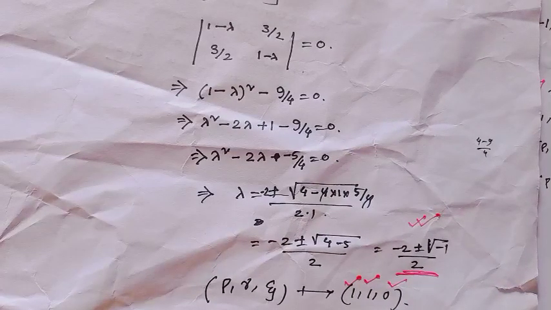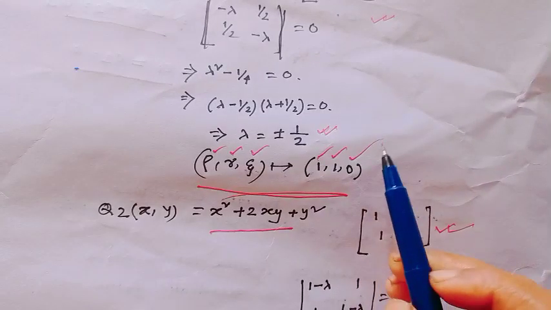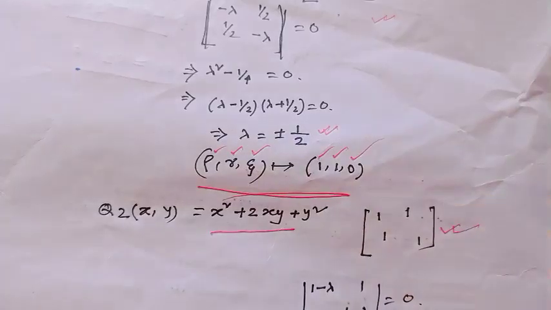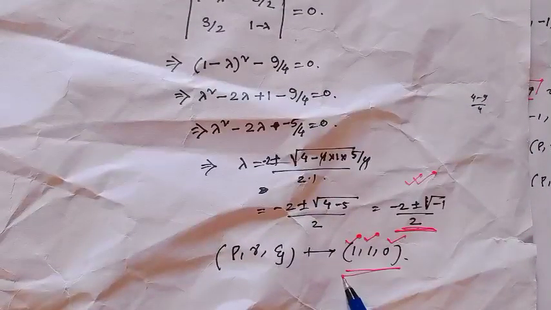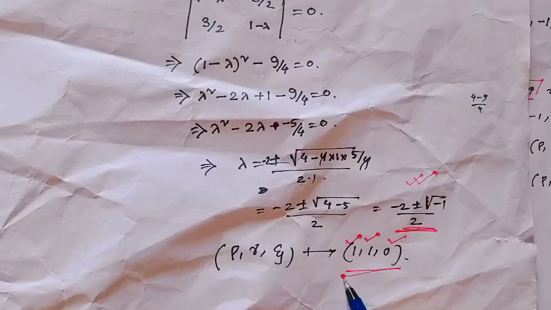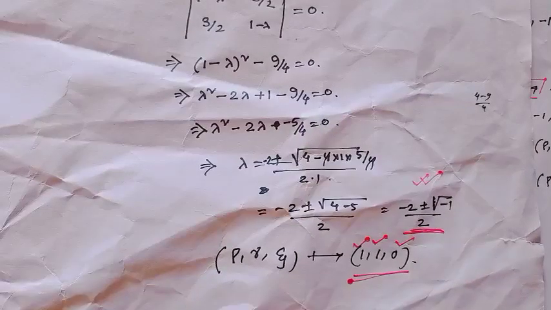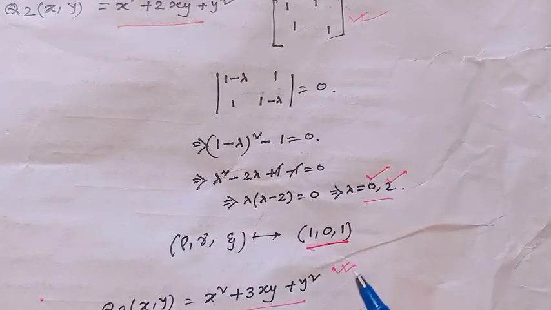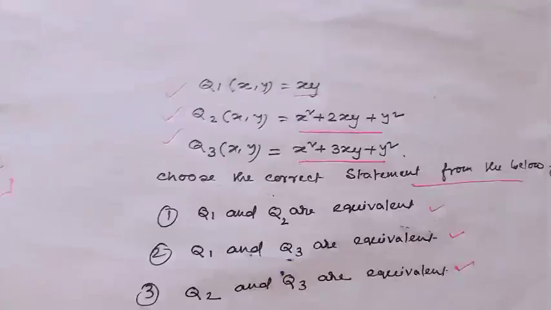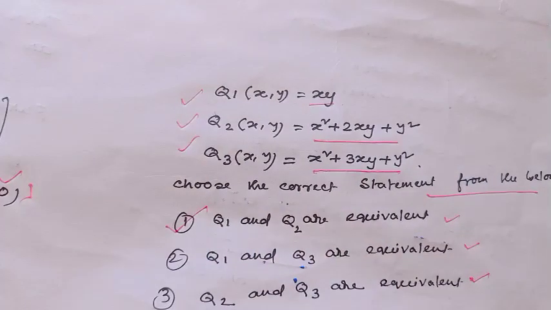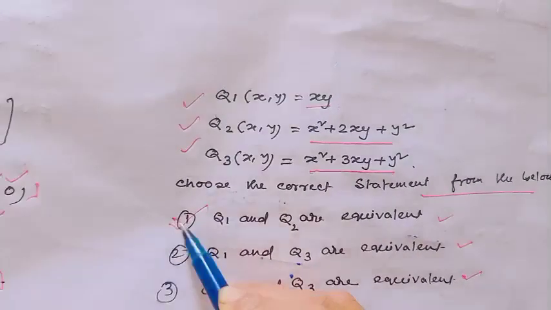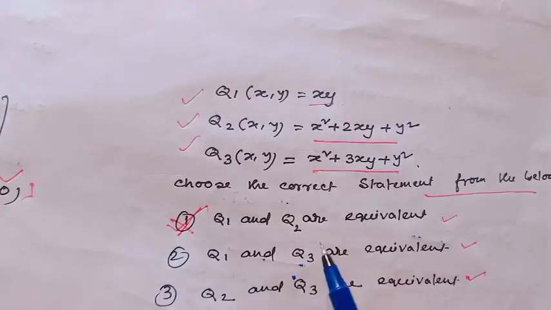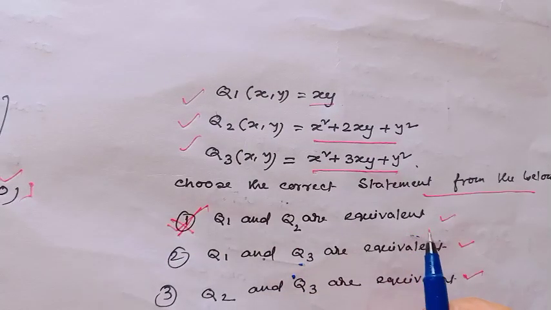So notice here that the inertia for Q1 and for Q3 are the same, that means the numbers of positive, negative and zero eigenvalues are the same, but for Q2 the inertia is different. So option 1 is the right option. Sorry, option 1 is a wrong option. Here it indicates Q1 and Q2 are equivalent. This is a wrong option.